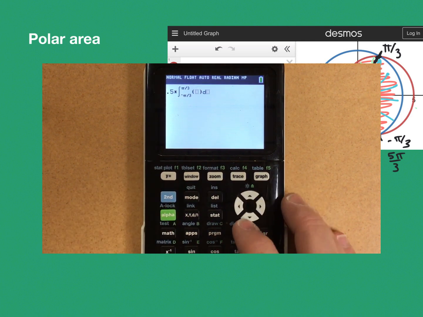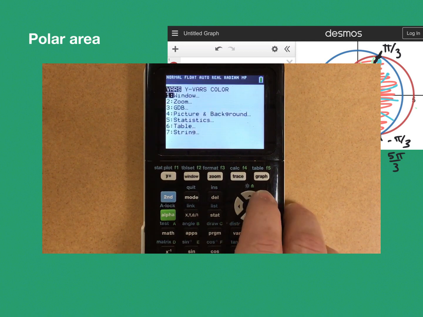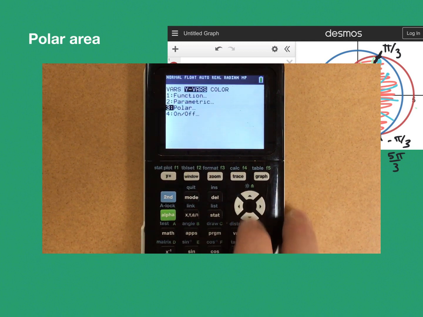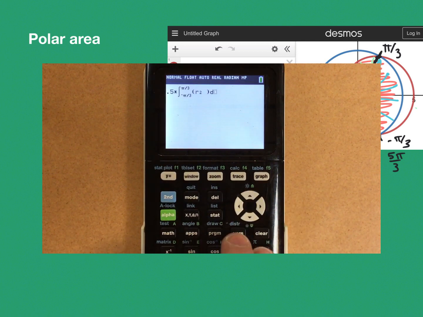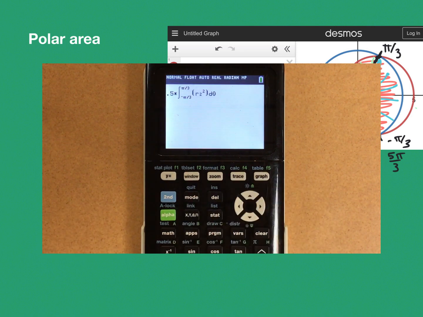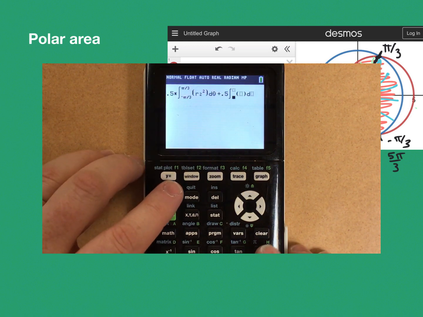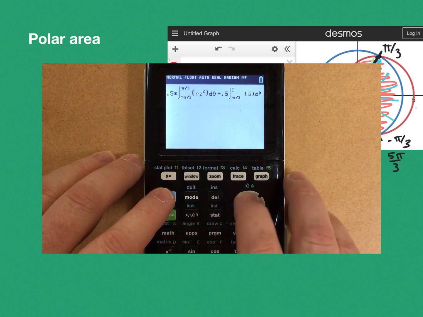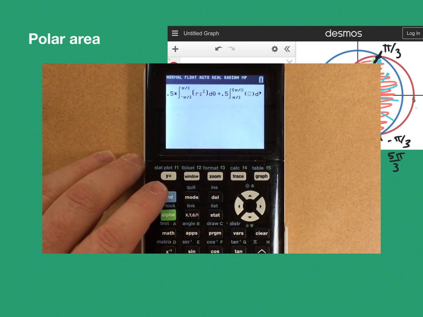And then I don't like to type the curve in. I like to use the vars key right here. And if you remember, that was in R2. So I'm going to do R2 squared. That was my circle. So that should give me the area of the circle from negative pi over 3 to positive pi over 3. And then plus 0.5, math 9. And we went from pi over 3 to 5 pi over 3.